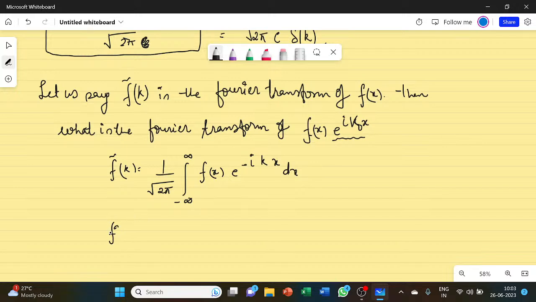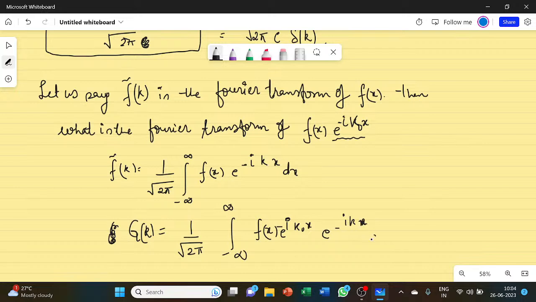Let us say that the Fourier transform of this new function is g of k, and instead of this I'm writing f of x into e to the power minus iota k naught x. I should have written minus here. If I want to find the Fourier transform of e to the power minus iota k naught x into f of x, then how will things behave? Originally there was k here, and this is x.